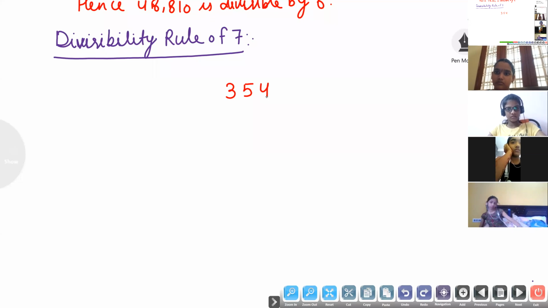354. I want to check this digit is divisible by 7 or not. How to check? Double of one's place. 4 into 2 is equal to 8.